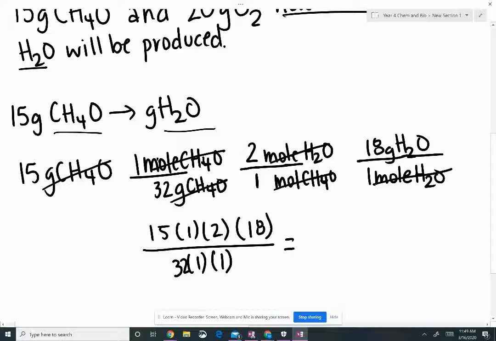I multiply these things, so that'll be 30 times 18, which should be 540 grams of H2O over 32.